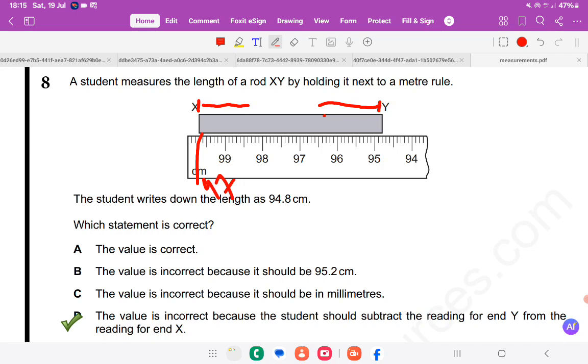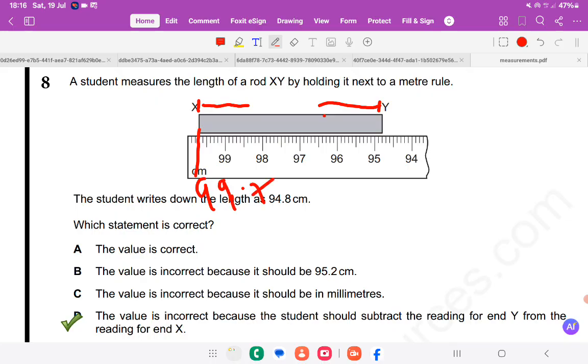Not 97, I beg your pardon. This should be 99.7. Yes, this should be 99.7.